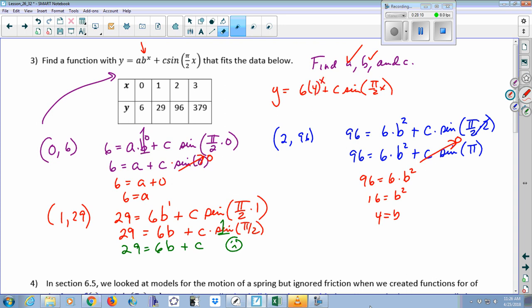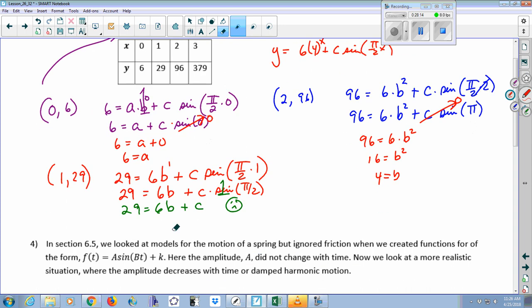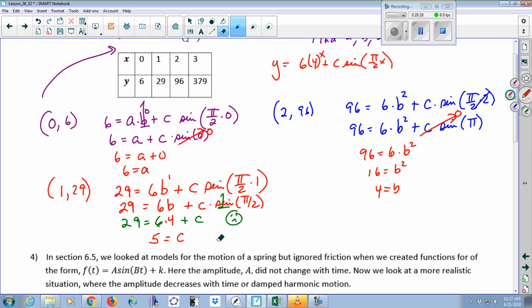I'm almost there. Now it's time to go to my reserve gas tank, because my reserve gas tank didn't know B or C, but now I've put a little more gas in. B now is 4. And now I can solve for C, which is 5. So there's my model.